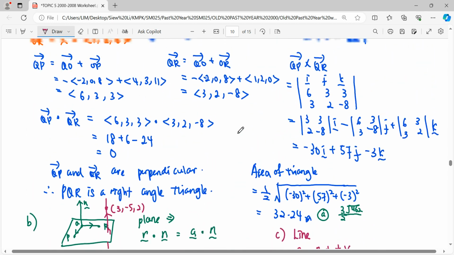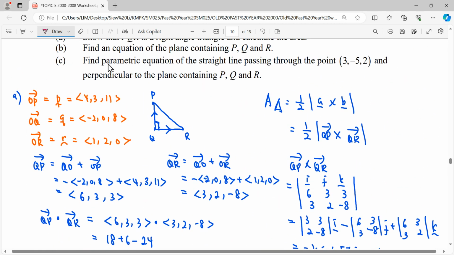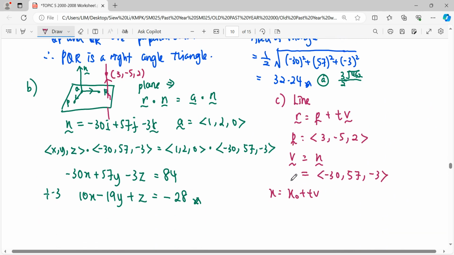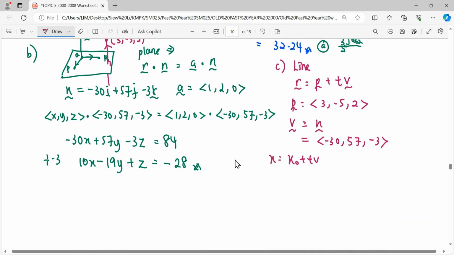To find this line equation, the form of equation that we want is parametric form. Parametric form starts with x equals x naught plus tv, y equals y naught plus tv, and so on. So x will equal the point coordinate 3 plus t times v, -30. For y, the point is -5 plus t times 57.